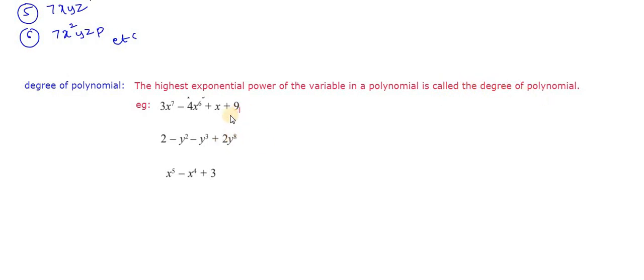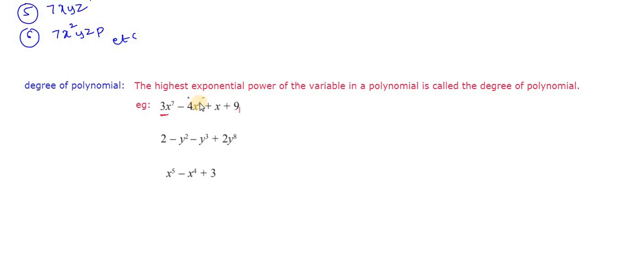So here is a polynomial, 3x to the power of 7 minus 4x to the power of 6 plus x plus 9. In this polynomial, what is the highest exponential power? Yes, it is in 3x to the power of 7. Why? Because 7 is the highest exponential power.